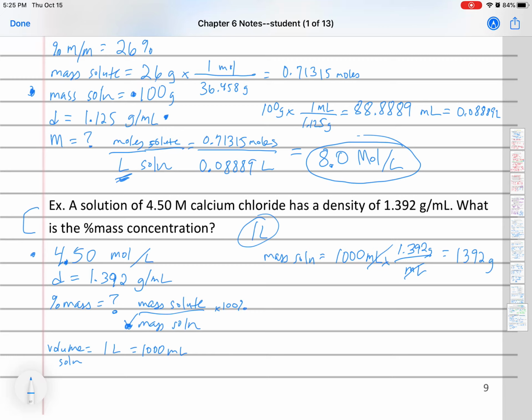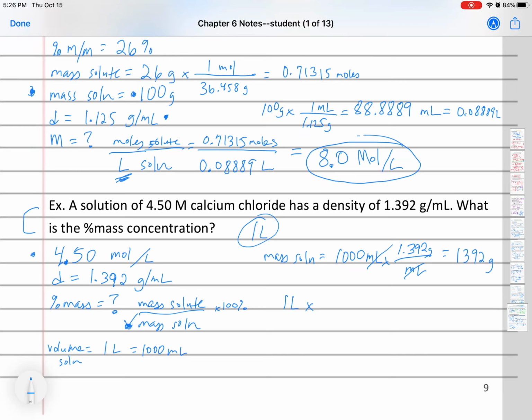Now we need to figure out the mass of the solute. How can we do that? Well, we have a molarity, and the molarity tells us the moles per liter, so we could figure out how many moles of solute we have. And then if we know the moles, we can always figure out the mass because we can use molar mass. So that's what we're going to do.